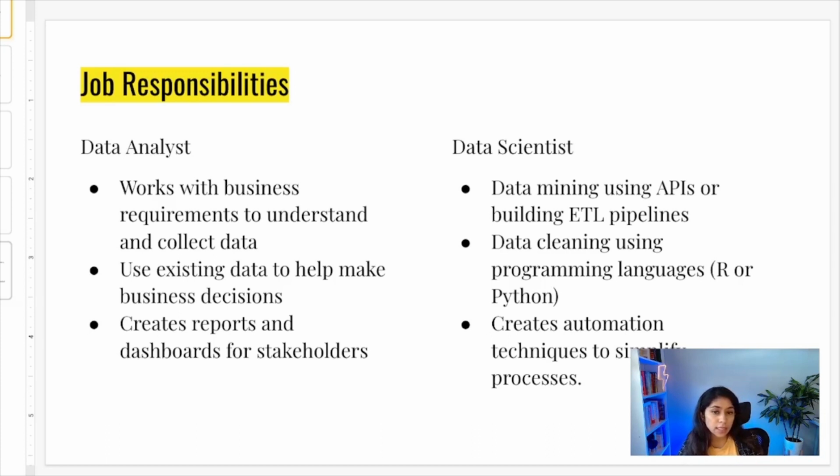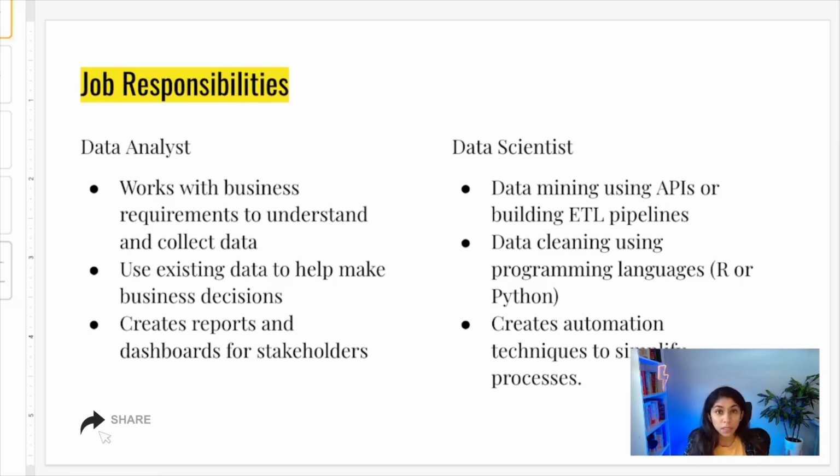Whereas a data scientist does a lot of data cleaning using programming languages like R or Python. And a data analyst creates dashboards and reports for the stakeholders, whereas a data scientist creates automation techniques to simplify the processes.